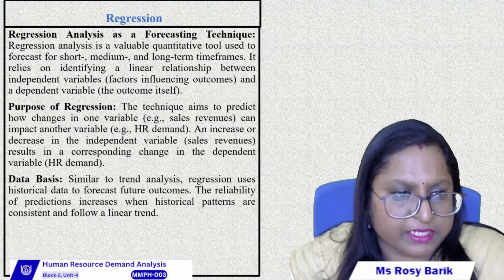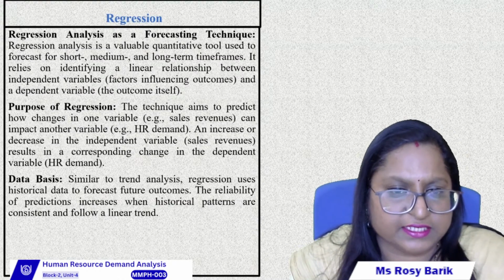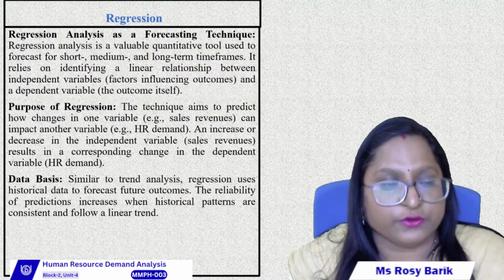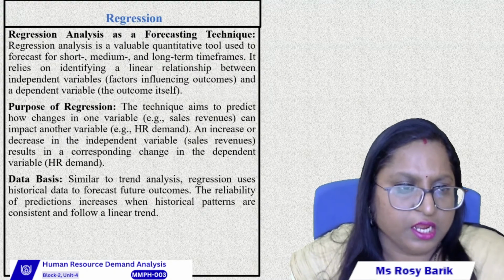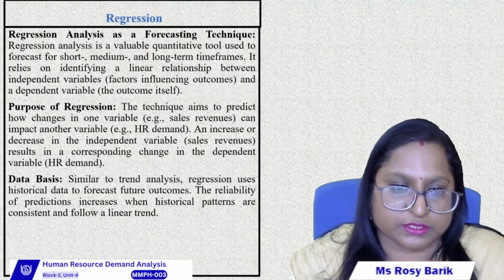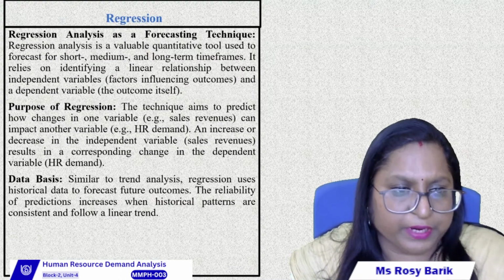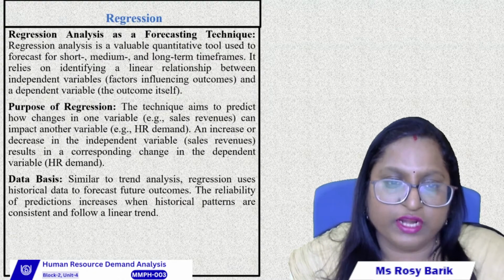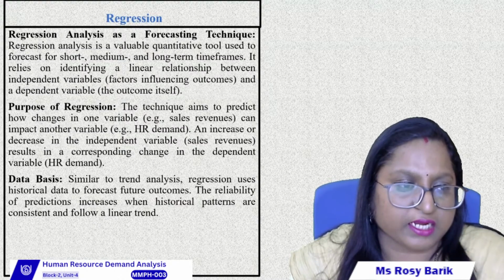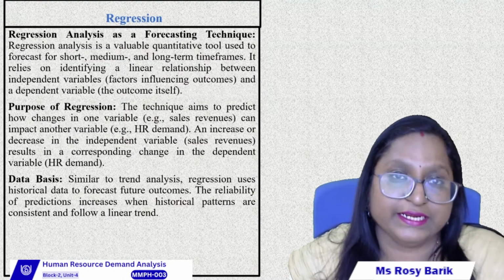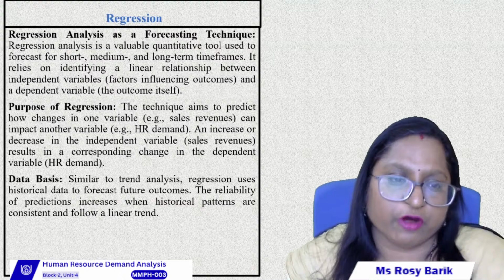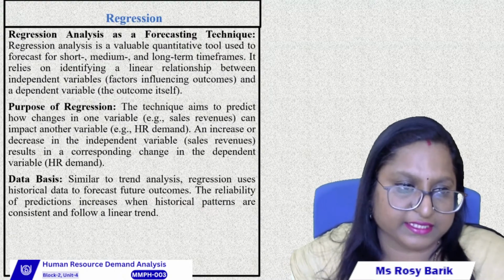So on the basis of databases, similar to trend analysis, regression uses historical data to forecast future outcomes. The reliability of predictions increases when historical patterns are consistent and follow a linear trend. So basically we follow the linear trend in this case.